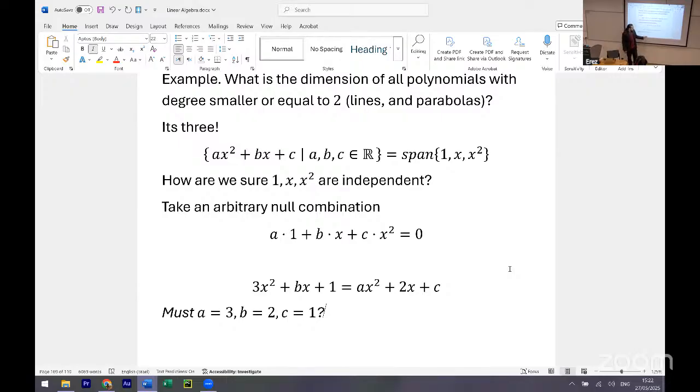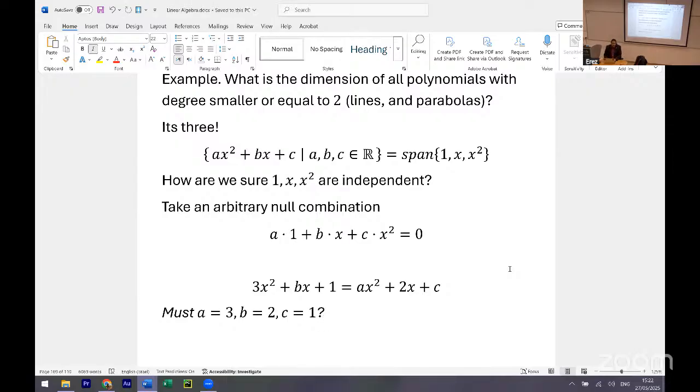I agree that if 3 is 3 and 2 is 2 and 1 is 1, they're obviously the same. But maybe 3x squared plus 7x plus 1 is 4x squared plus 2x plus 10. Some other combination that gets to the same number eventually. How are we sure that the coefficients must be the same? They are the same, by the way. I'm not arguing with you, but it's not clear at all.